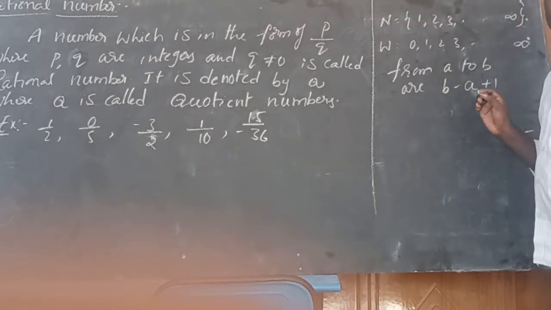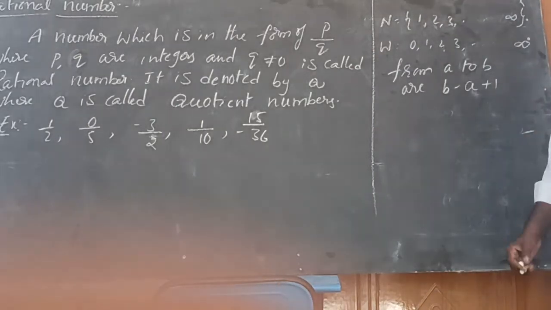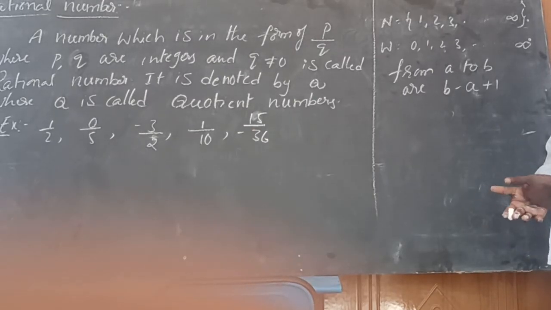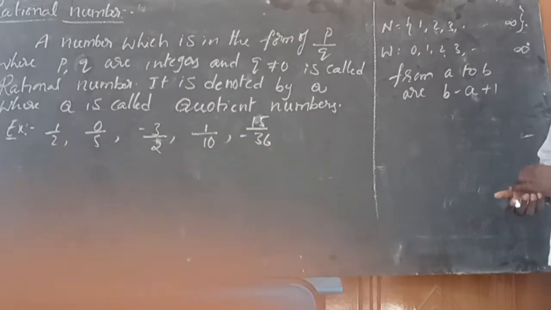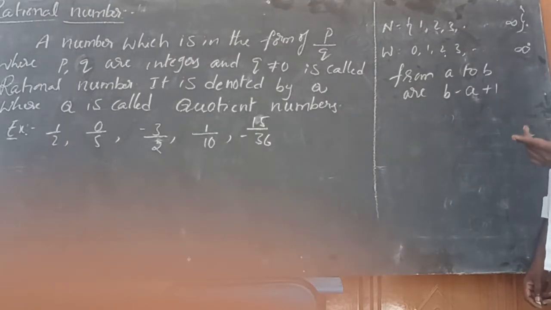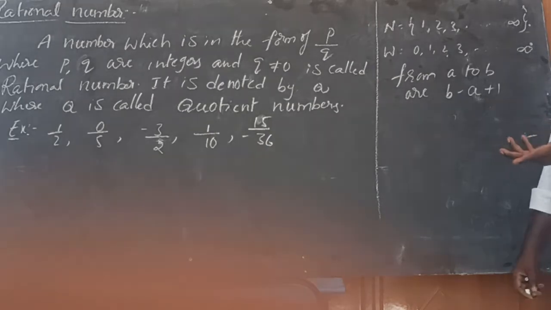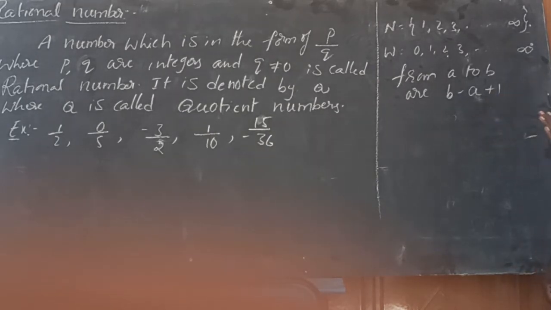For example, the number of whole numbers from 0 to 10. Here, how many whole numbers are there? 0, 1, 2, 3, 4, 5, 6, 7, 8, 9, 10. How many numbers are there? 11 numbers.